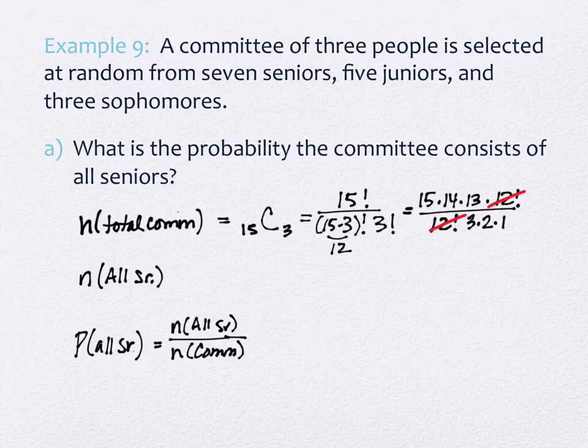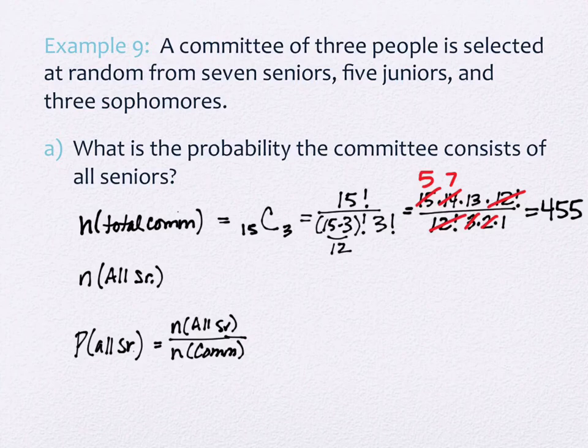How about my 3 and my 2? 3 will go into 15 5 times, and 2 will go into 14 7 times. So we're going to multiply out 5 times 7 times 13. What is 5 times 7 times 13? Yep, 455.